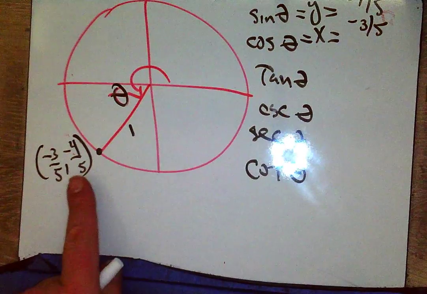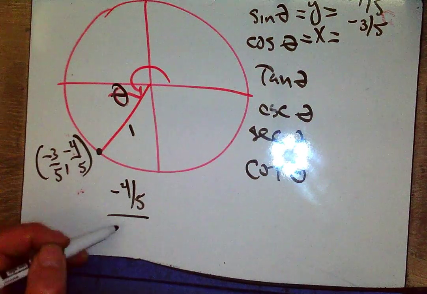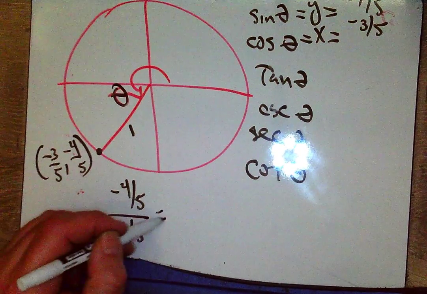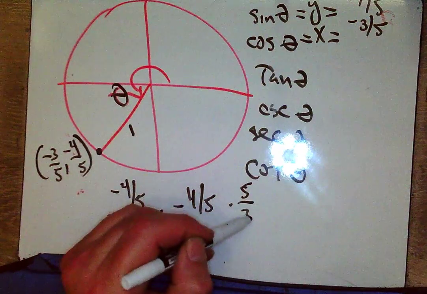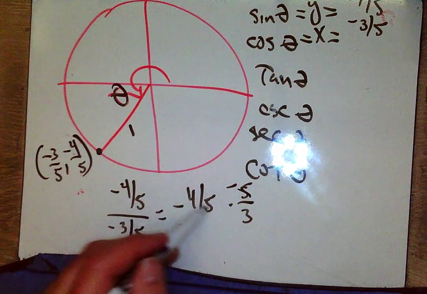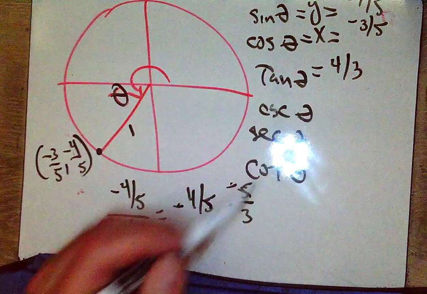Tangent is y's over x's. Negative 4/5 divided by negative 3/5, and then I flip and multiply. And the 5's cancel, and the negatives cancel, and I get 4/3.